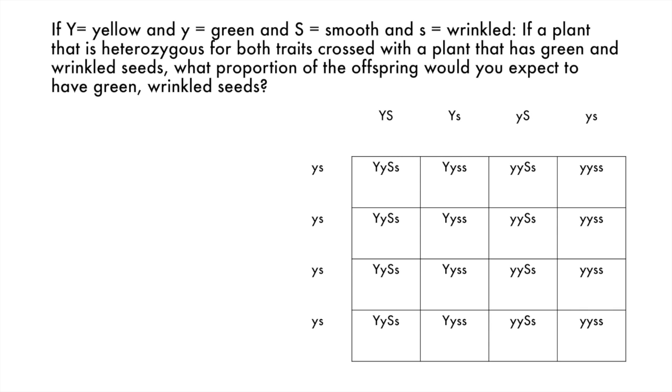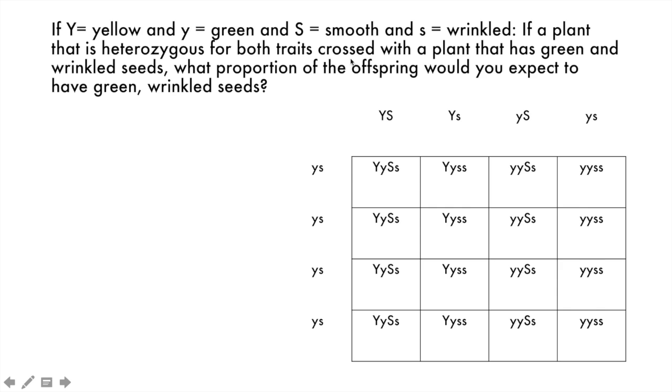Okay, so if we get back to this question of what happens if we cross a heterozygous yellow smooth plant with a green wrinkled seeded plant, what proportion of the offspring would we expect to have green wrinkled seeds? And we can do another Punnett square, but we have to do it a little bit differently because now we have different combinations of the characters and the traits, the genes, the alleles.